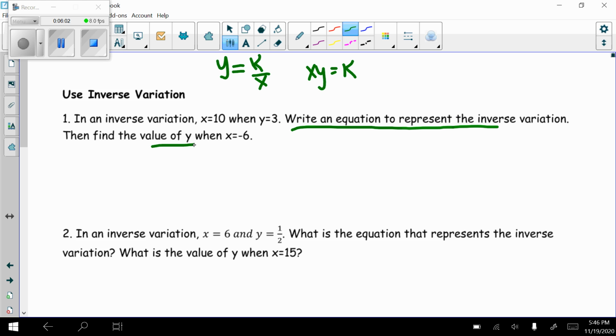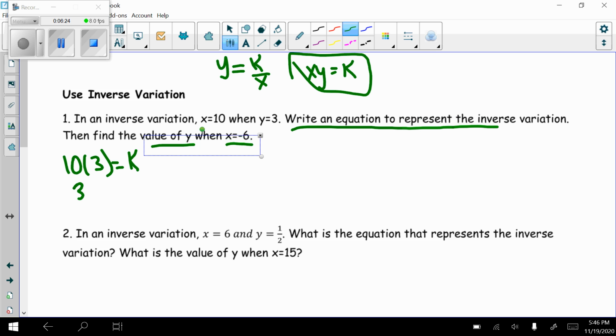Then find the value of y when x equals -6. In order to write an equation of an inverse variation, we need to know what our constant k is. If I have an x and a y, I can find my k because I have this equation x times y equals k. So 10 times 3 equals k. 10 times 3 is 30, so my k is 30.